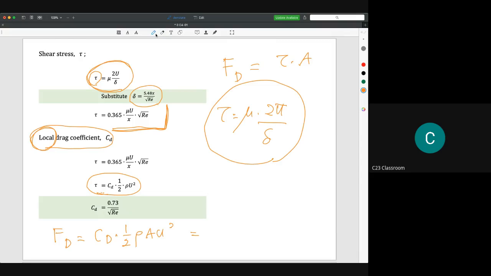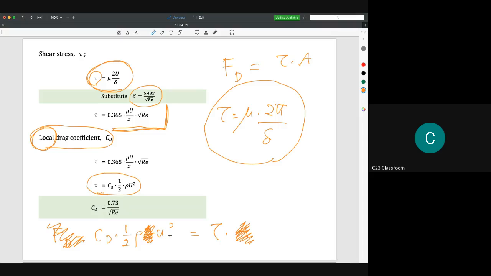So if we equalize this equation with tau times A, which is the force, and then cancel the value of A here, since we are focusing on shear stress at a certain location, we could say that tau is actually CD times 1 over 2 rho U squared.